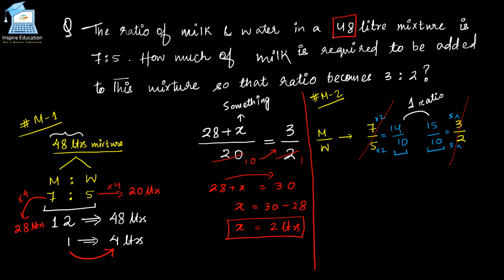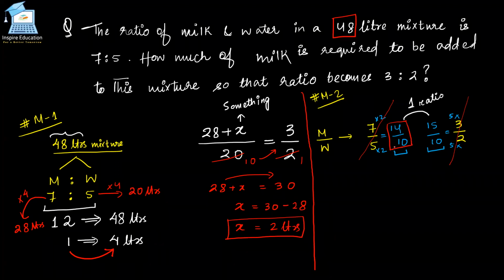This is 48. And what is 48? 48 is the initial total milk plus water. Now what is the initial total from the ratio? Milk is 14 and water is 10.